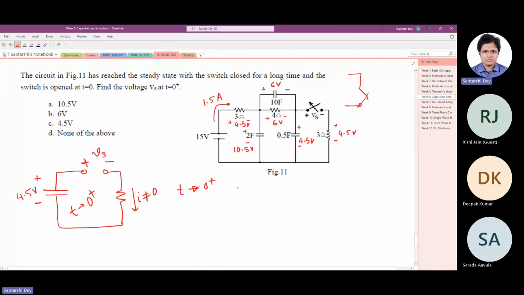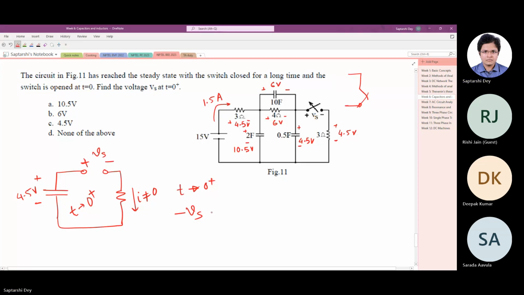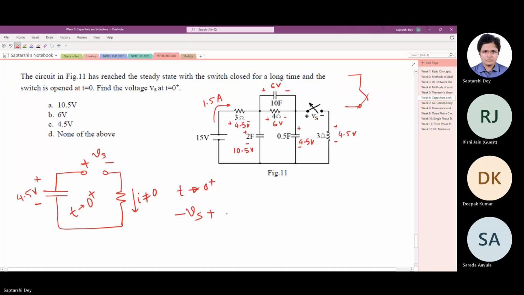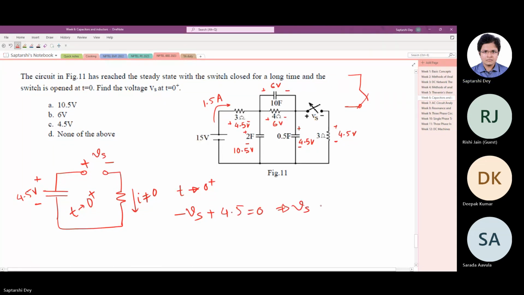There's this voltage Vs, it's a drop, say minus Vs, and it's a rise plus 4.5 equals 0. So what we have is, right after the switch is opened, the voltage across it is 4.5 volt.